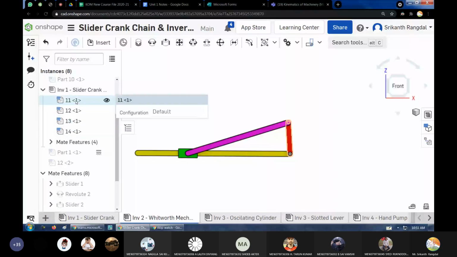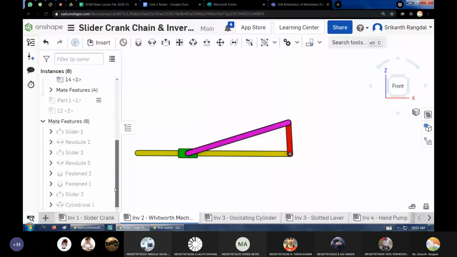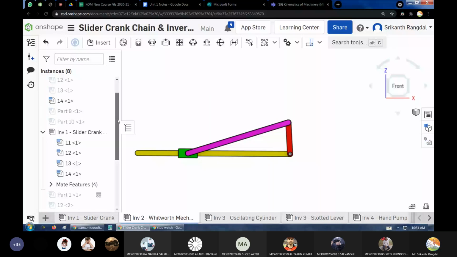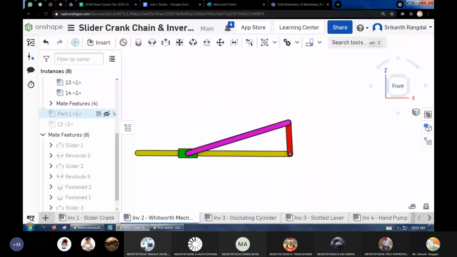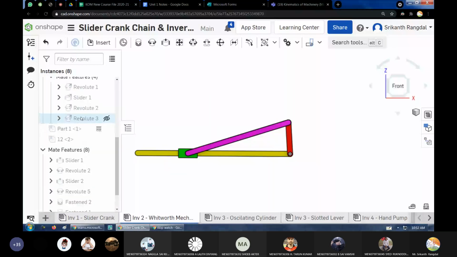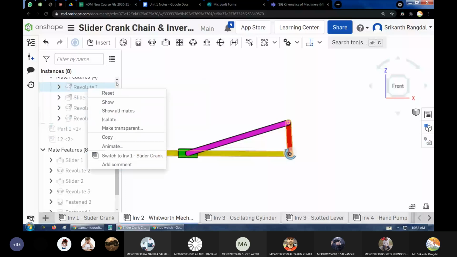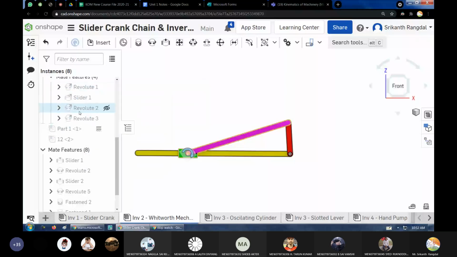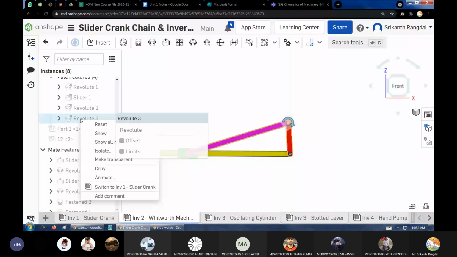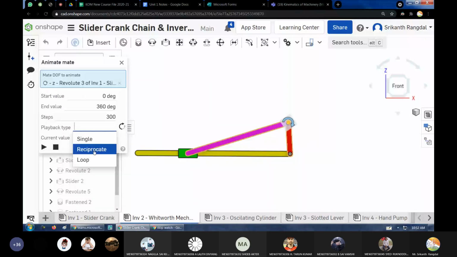Okay, so it's the same link again. And mate features, this is where it is. Okay, so this link will be the input. Yeah, so this is how the motion takes place.